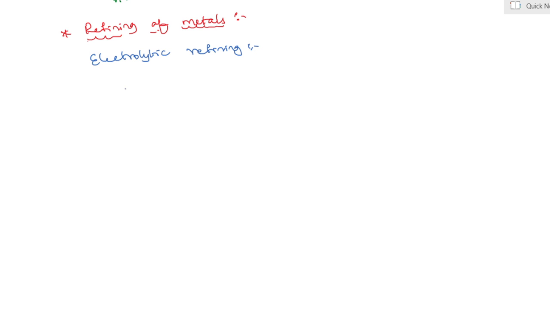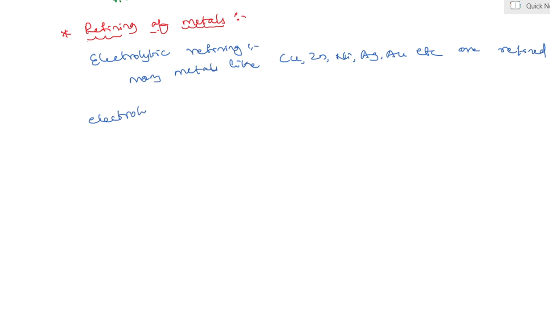Here many metals like copper, zinc, Ag, Au, etc. are refined by the electrolytic process.